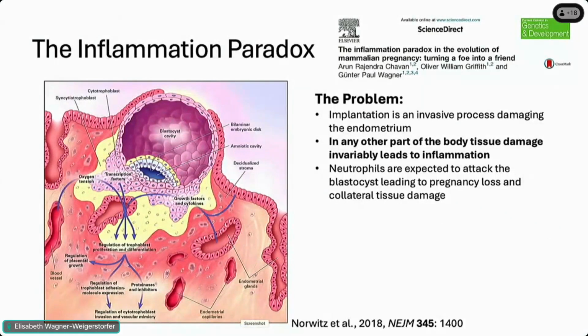I think anyone who has done anything in medical sciences knows that, and that would be a problem because the neutrophils would be activated and they would attack the embryo, independent of the immunological status of the embryo. That is just a generic reaction to the injury that's caused by the embryo.